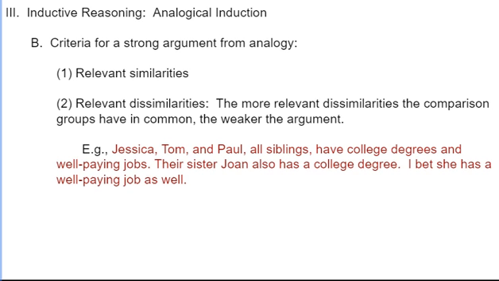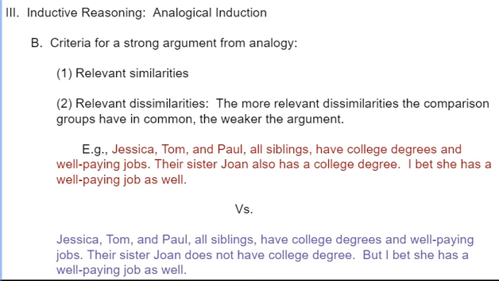Right? Okay, well, regardless of how good you think the argument is, compare that argument with this one. Jessica, Tom, and Paul, all siblings, have college degrees and well-paying jobs. Their sister Joan does not have a college degree. Does she have a good, well-paying job? I bet she does too. Right?